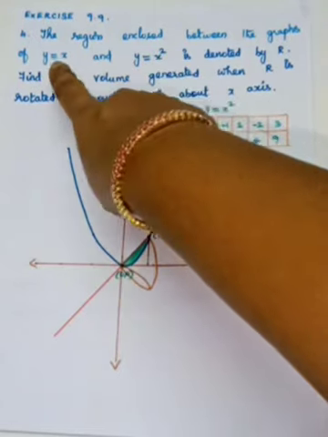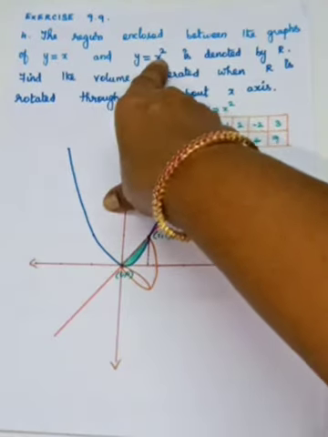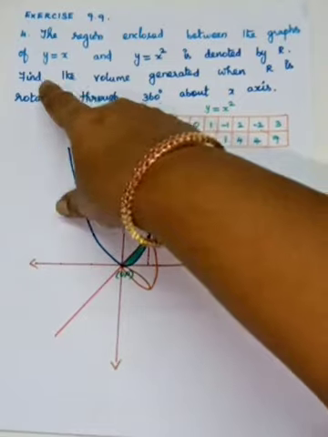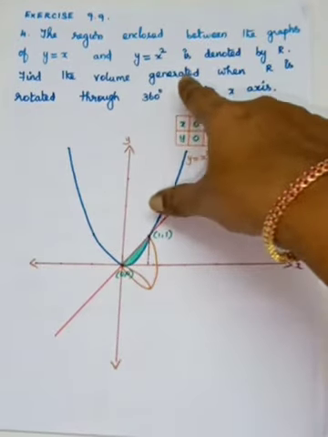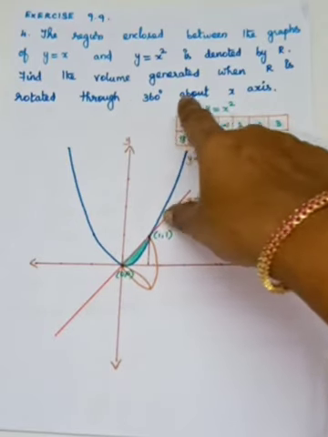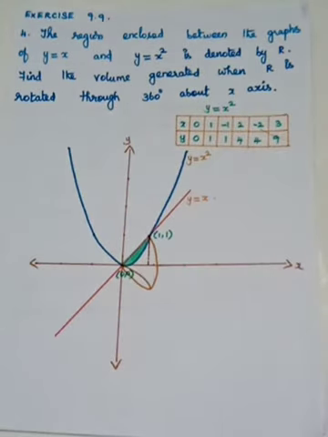So the area between the line and the parabola is denoted by R. You are going to find the volume generated when R is rotated through 360 degrees about the x-axis, one full complete rotation.